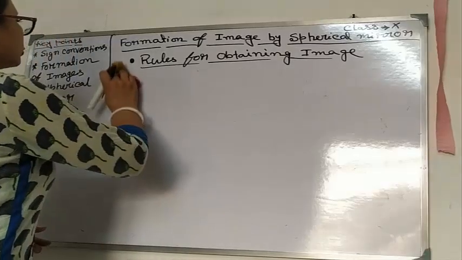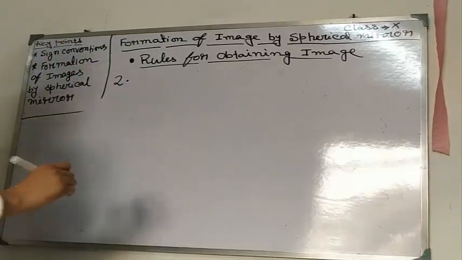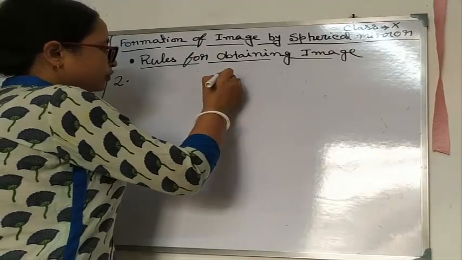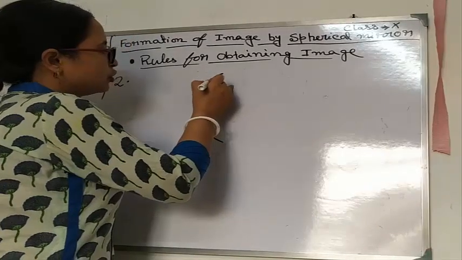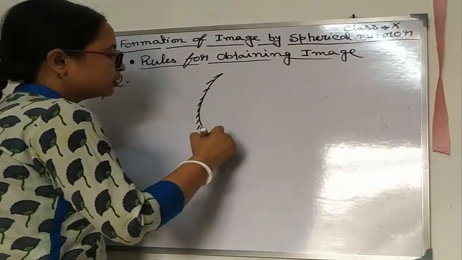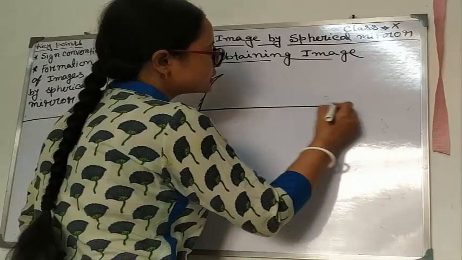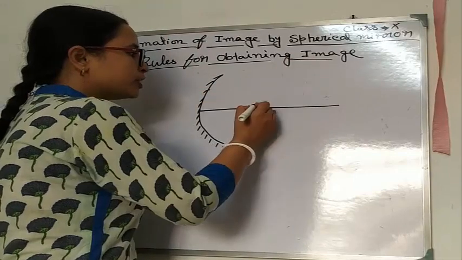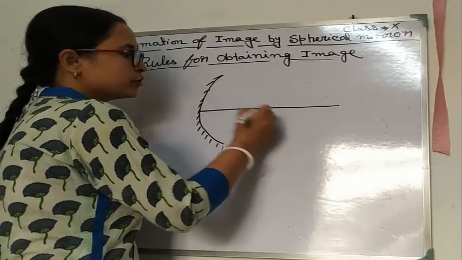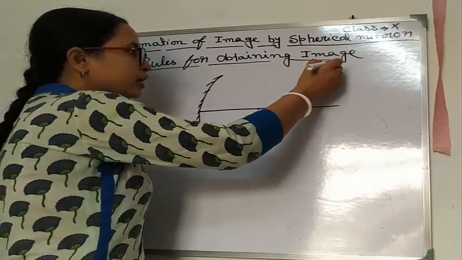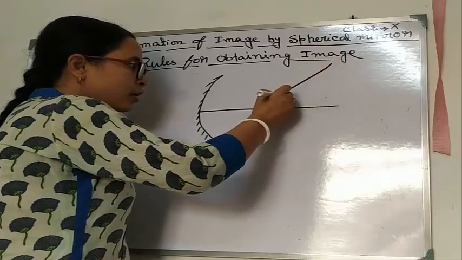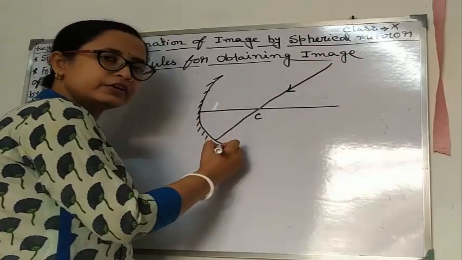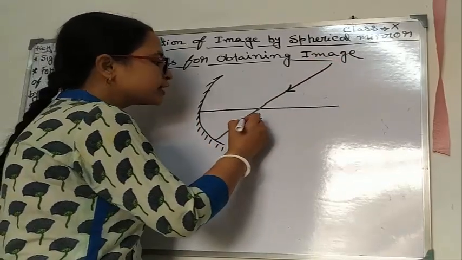Now the second rule for obtaining the image is, let us again draw this concave and convex mirror. It is our principal axis. Now if the ray is coming from the center of curvature, suppose this is our center of curvature, whenever the incident ray passes through the center of curvature, after reflection it will follow the same path.